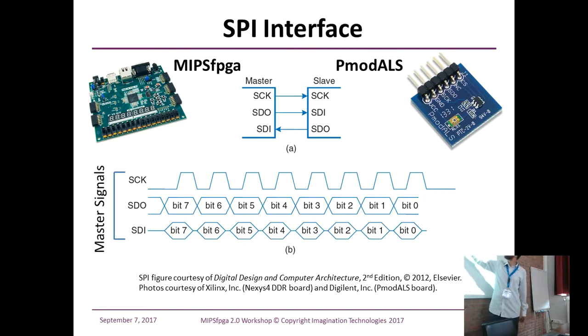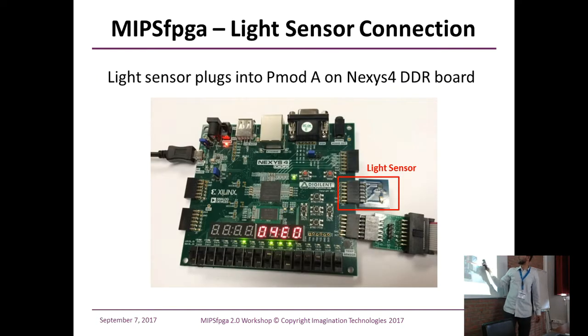You wire out the clock, data out, and data input on the slave, and once this plugs in, you have a connection there. This is how it looks. We plug in the light sensor here. The lab itself has some displays on the 7-segment. If you wave your hand on top of the sensor, the display changes, and the lab workshop walks through the whole process.